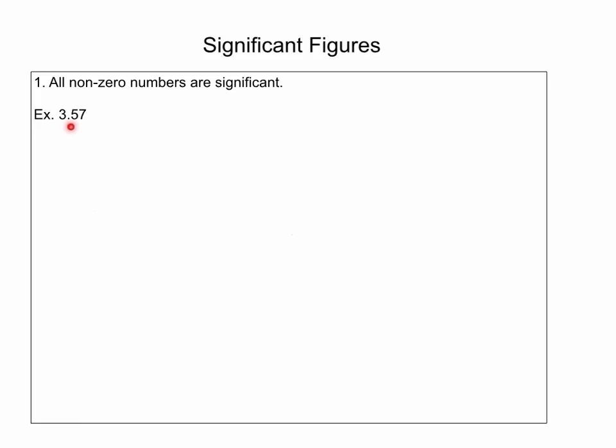I have a 3, a 5, and a 7. All of these numbers are significant because none of them are 0. So if you need to know how many significant figures are in this number, the answer is there are 3 significant figures.